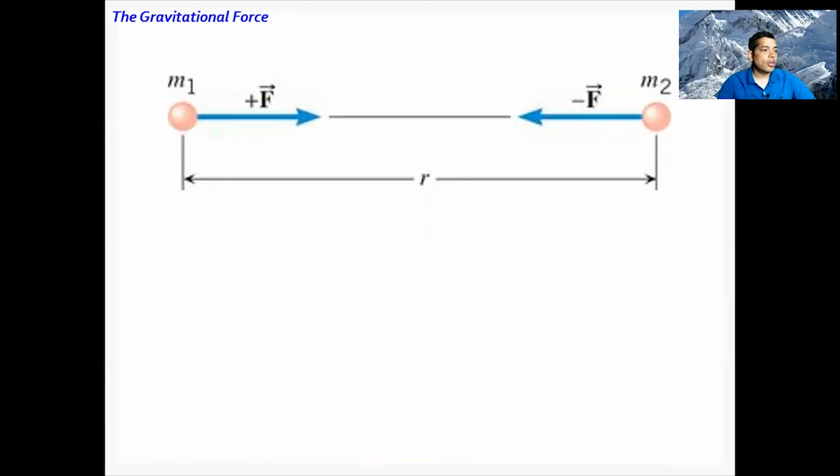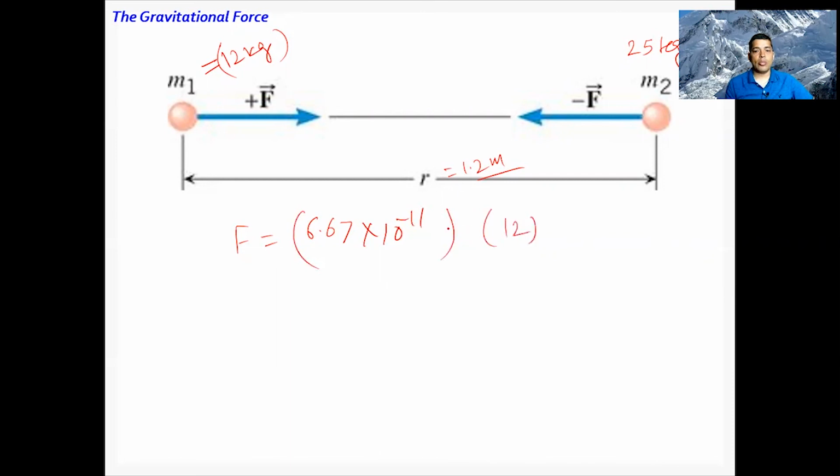All right, let's do another problem here. So suppose M1 is 12 kg now. Okay, M2 is 25 kg, and the distance is, let's say, 1.2 meter, for instance. Then what is the force of attraction between these two objects? Let's say G is 6.67 times 10 to the negative 11, right? Remember the formula, F equals G M1 M2 over R squared.